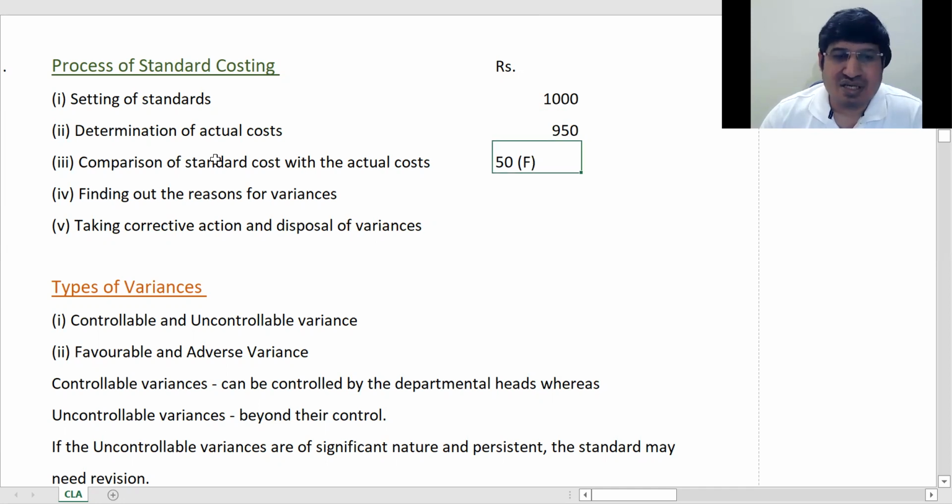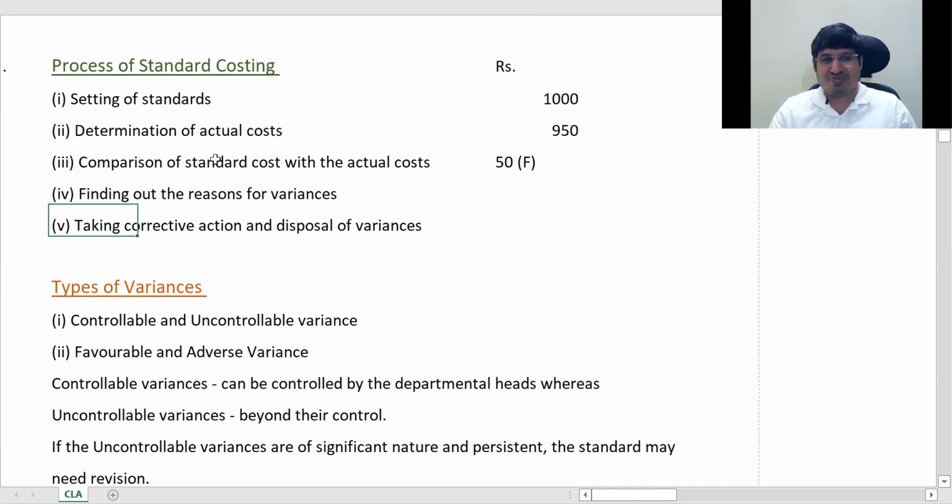Okay, so this is the only way of measuring this. Then next, once you have got the variance, you have to find out the reason why the variance came. This is called investigation of variance. Then take corrective action and disposal of variance.